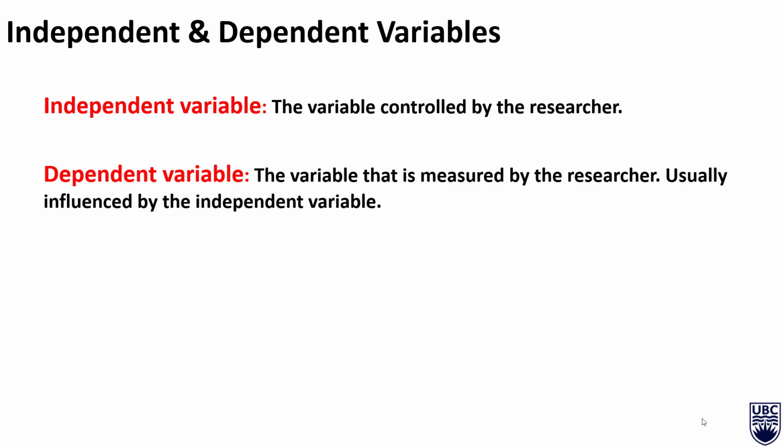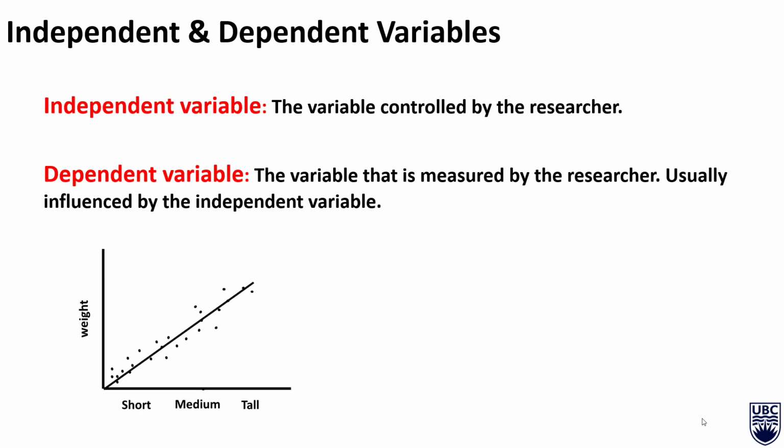So for example, if we have a research question about what is the influence of height on weight, then we can see here, okay, this researcher controlled for height, and that can be seen on the x-axis. So we have short group, medium group, and tall group. So we recruited people and we put them into these groups and we controlled their height.